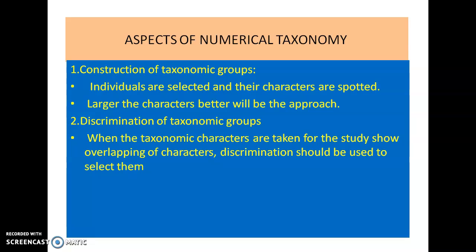Discrimination should be useful to select them. So first we need to construct the taxonomic groups with respect to certain features. For example, if we are considering 10 to 20 different taxonomic groups, in which certain groups are overlapping in nature with respect to certain characters, we need to separate or discriminate all these taxonomic groups. So this is called discrimination of taxonomic groups.